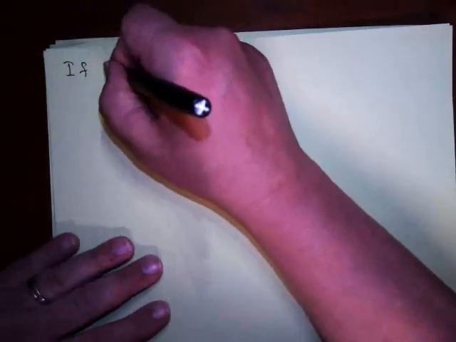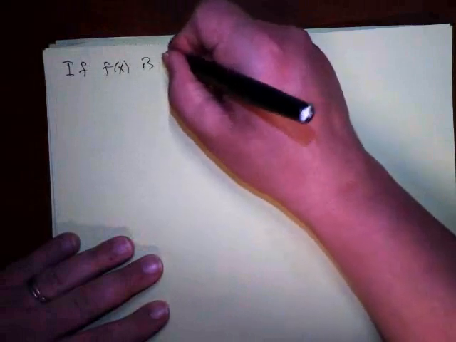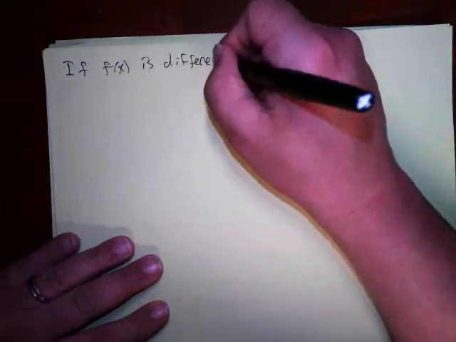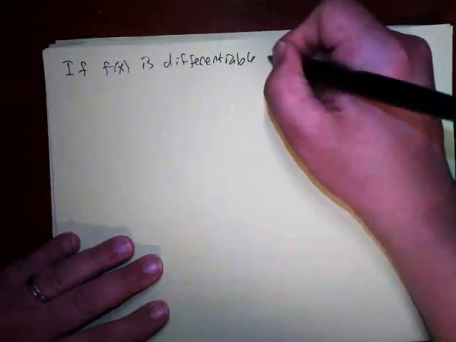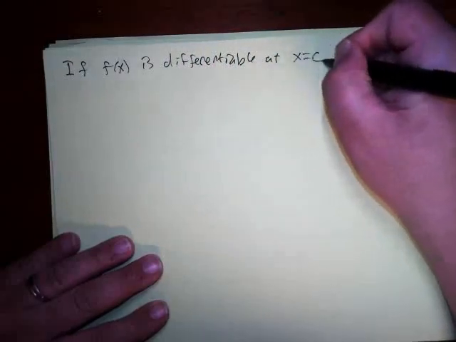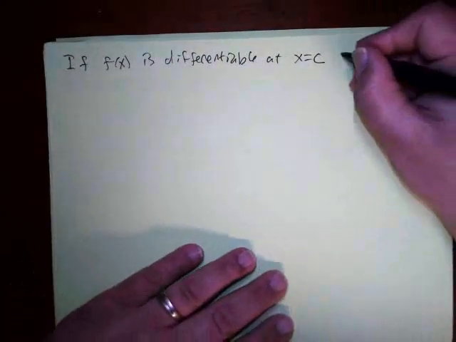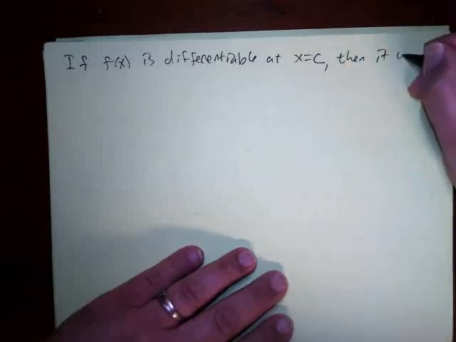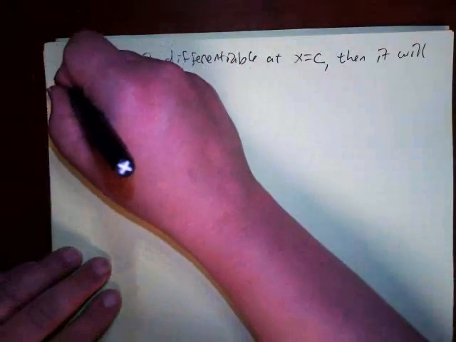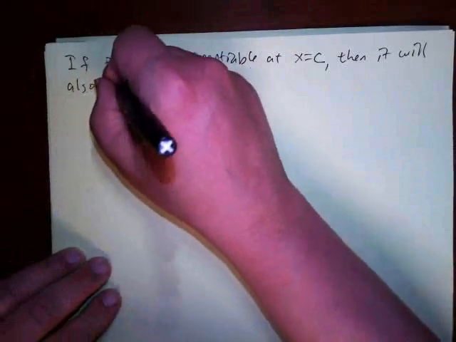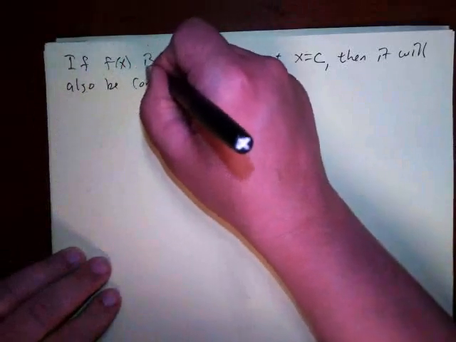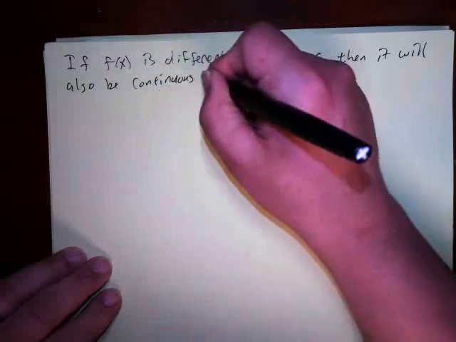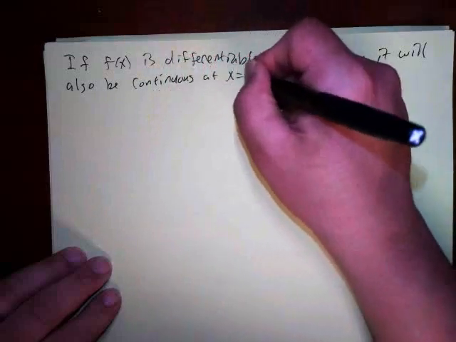If f of x is differentiable at x equals c, then it will also be continuous at x equals c.